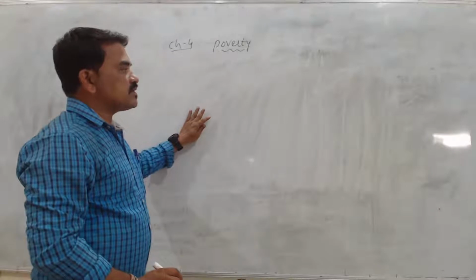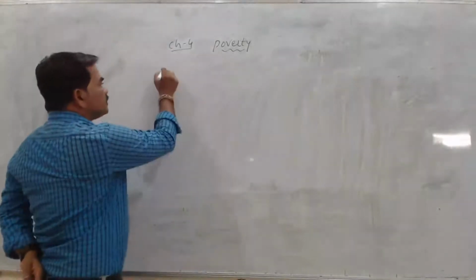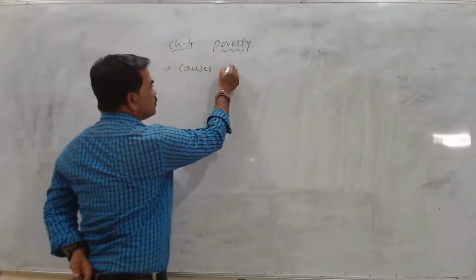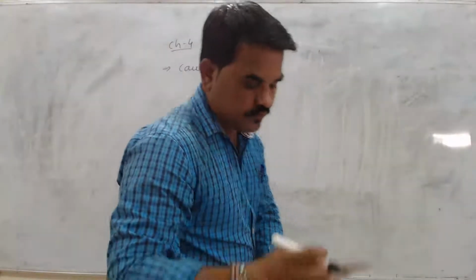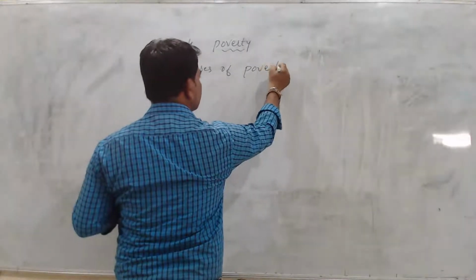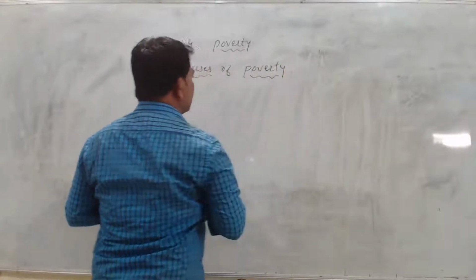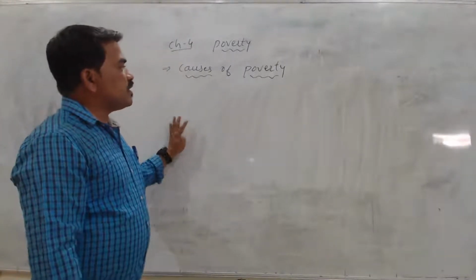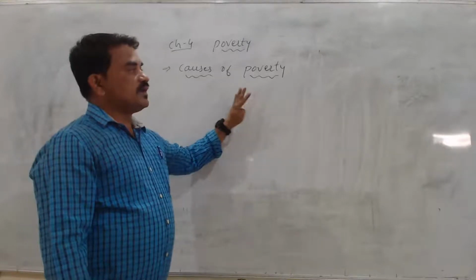After that, in the previous class, we tried to find out the causes for poverty. So, if you try to understand this, what are the causes which lead to this poverty?